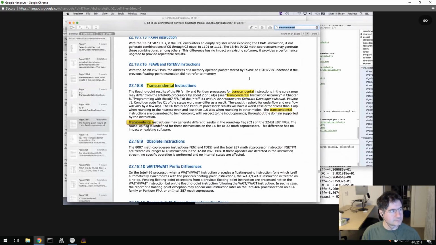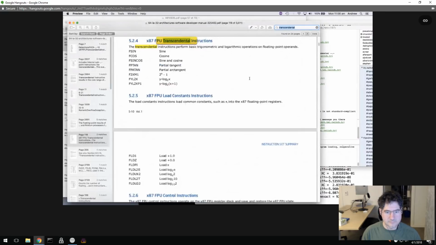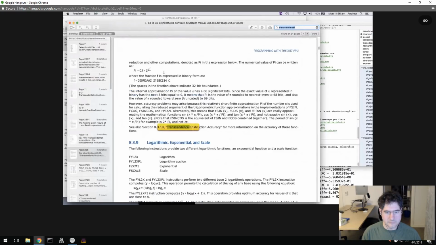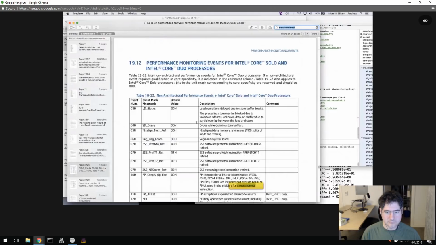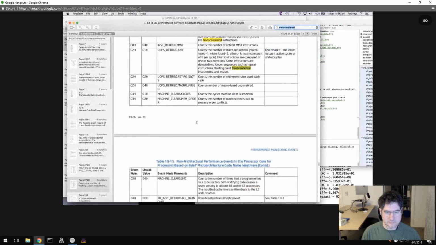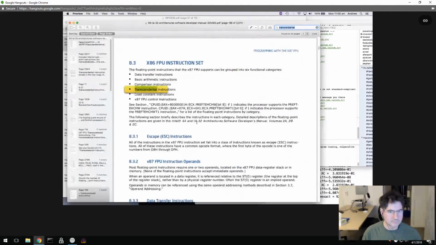It's got atan and sine, cosine, and all of that. It's got accuracy. Let me see if I can find this, because there's a wonderful quote in here that I think kind of does this for everyone here. Where are we?